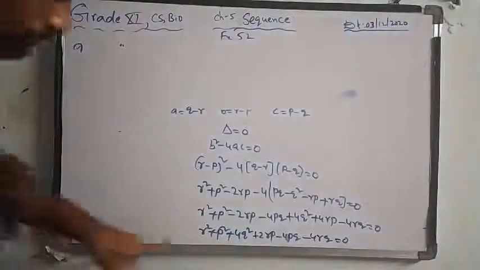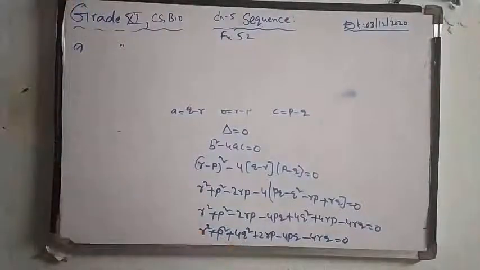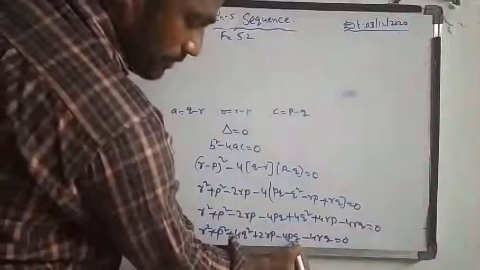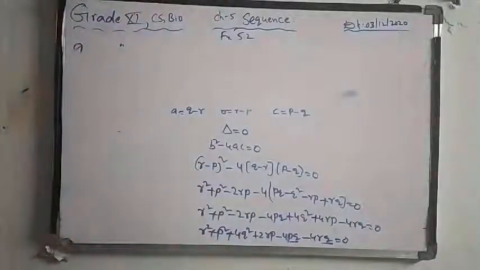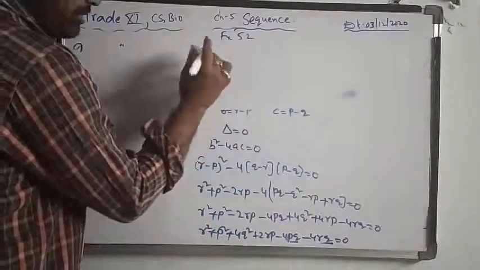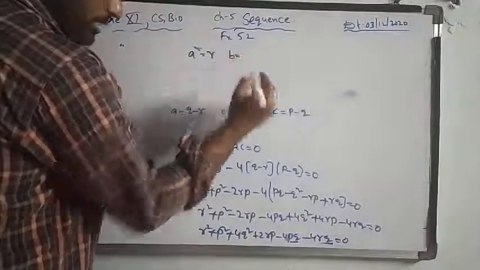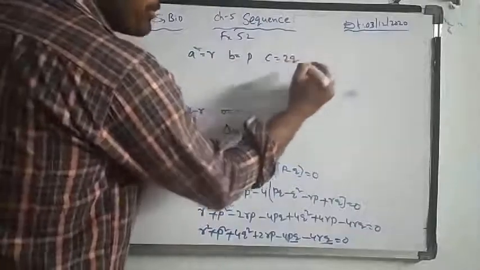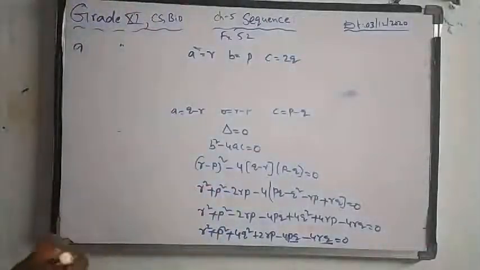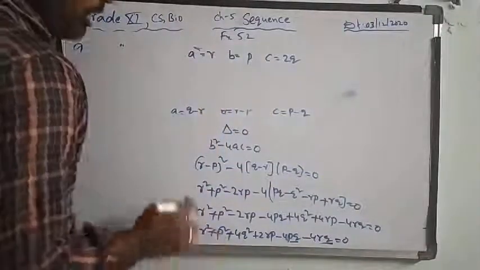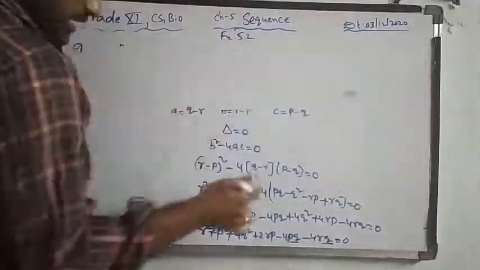So it is in the form of a square plus b square plus c square plus 2ab plus 2bc plus 2ca. But here what is changing is that for pq and rq there is a negative symbol. So we can write it with a value r, b value p and c value 2q. Let us rearrange the terms first.